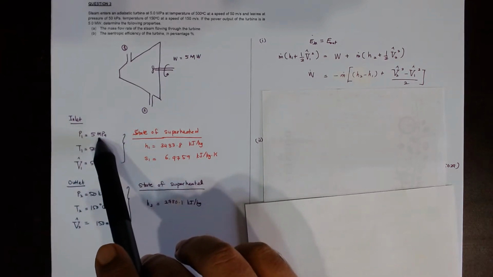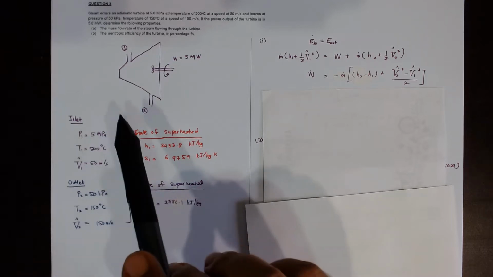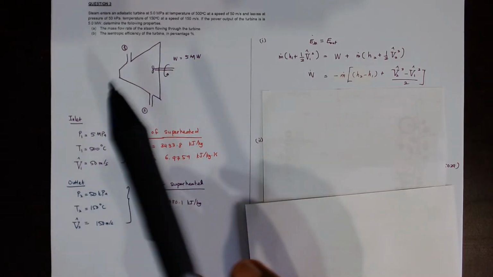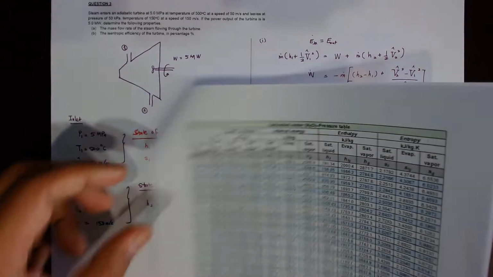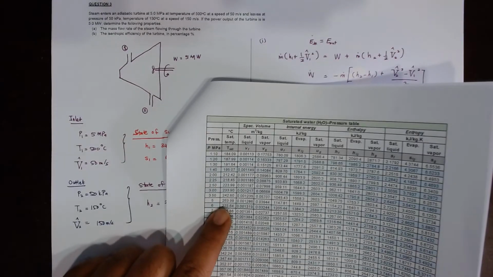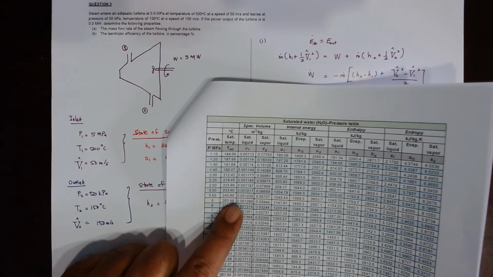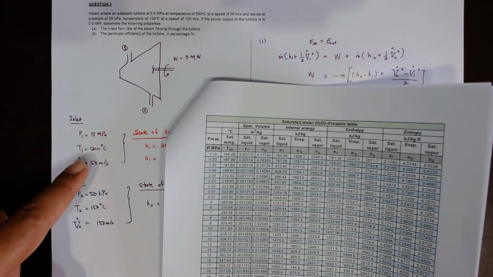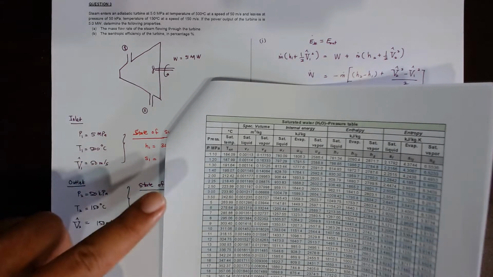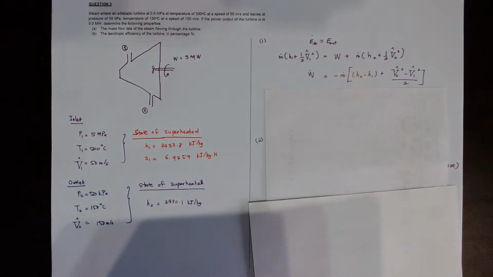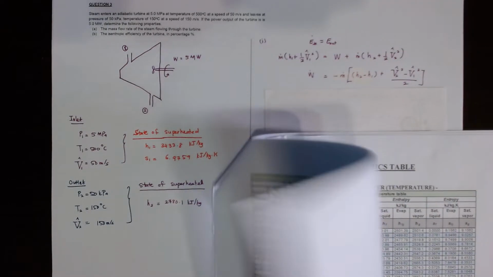The saturation temperature at 5 megapascal is 263.99, while here 500 degrees Celsius is larger, so it's superheated. When it's superheated, we refer to the superheated steam table.